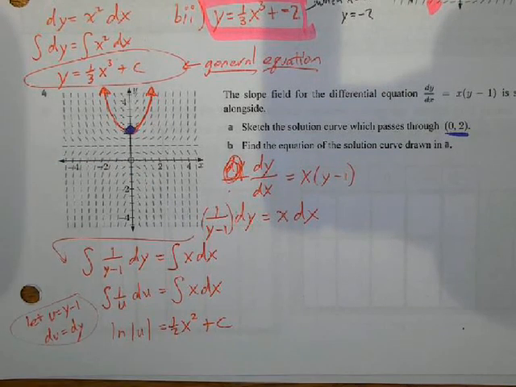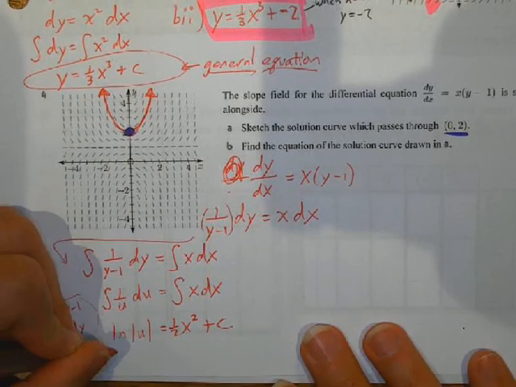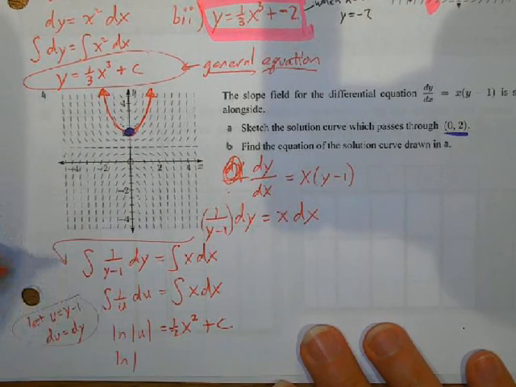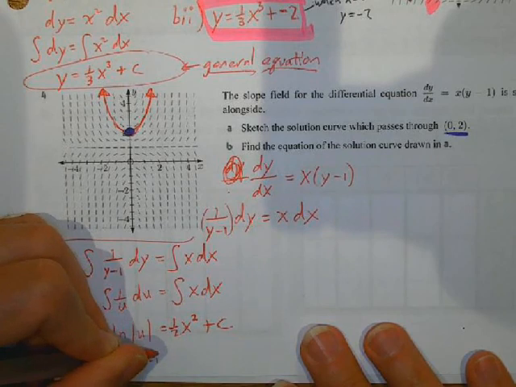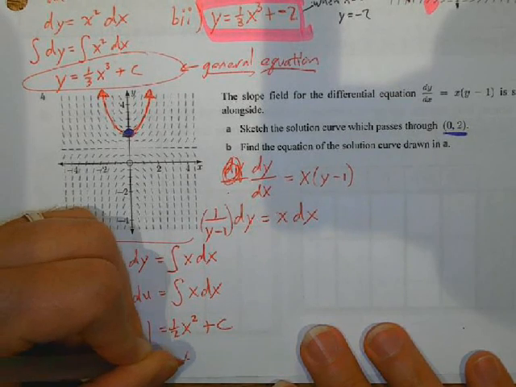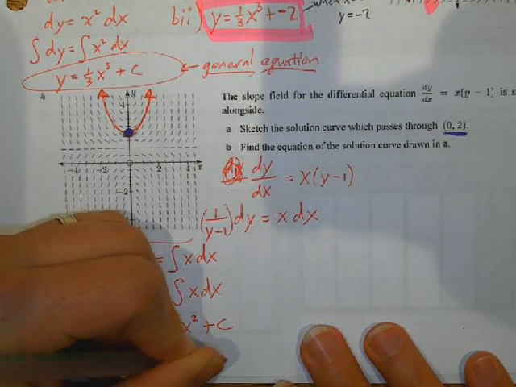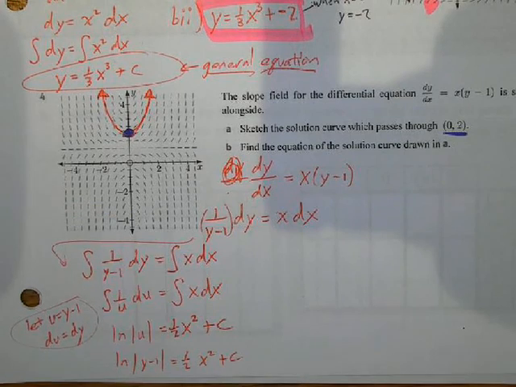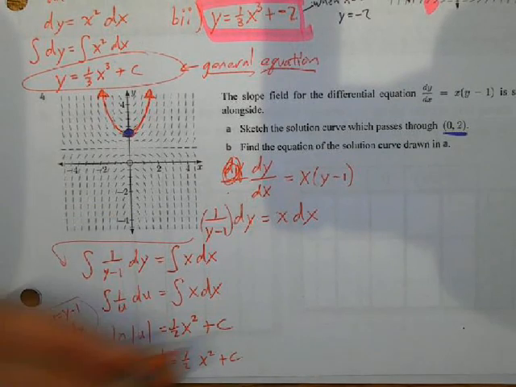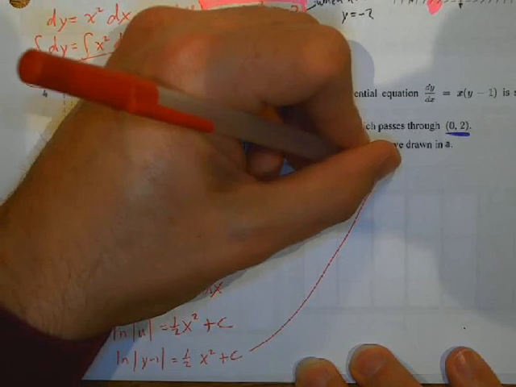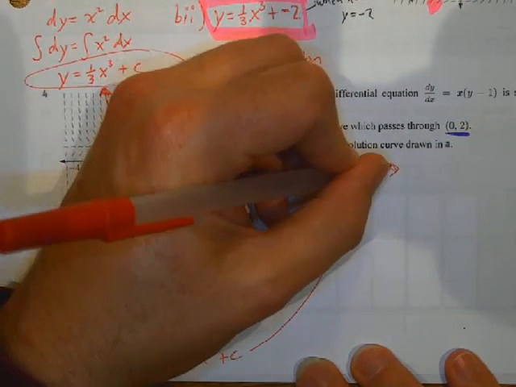Okay. Now we want to solve for c. But before that, I'm just going to write this as natural log of y minus 1 equals 1/2 x squared plus c. Right? So we're going to need to convert this to exponential form.